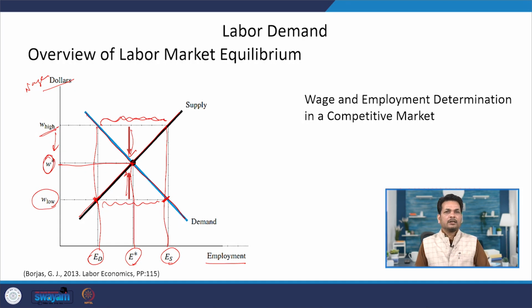So, once the labor market attains the equilibrium wage, these conflicting wishes of the employer and workers have been balanced, and at this wage the number of workers who are looking for work exactly equals the number of workers that the employer wants to hire.